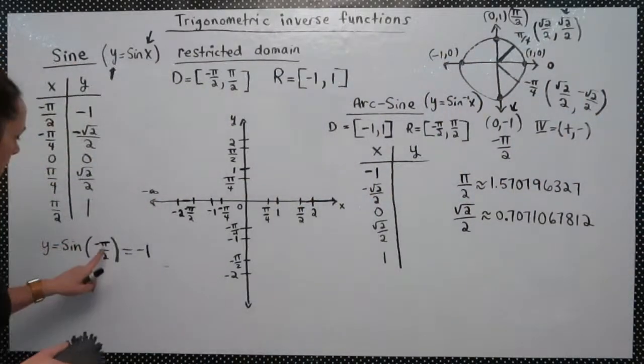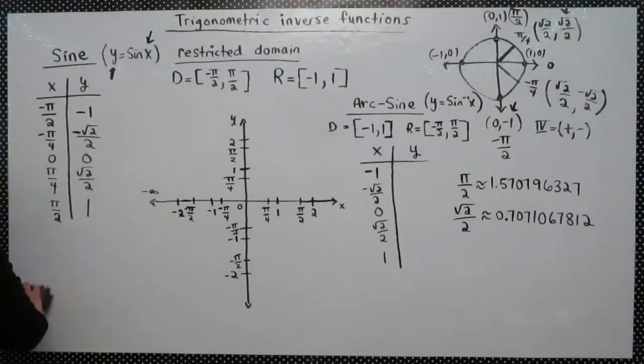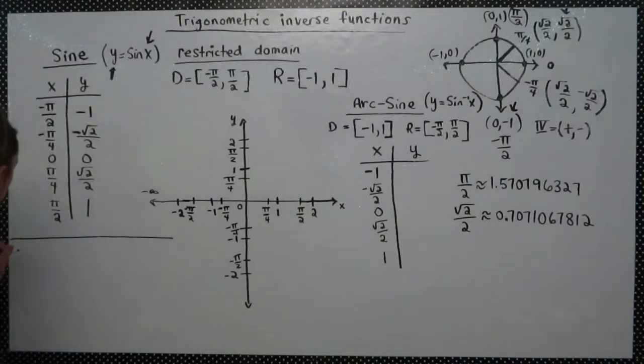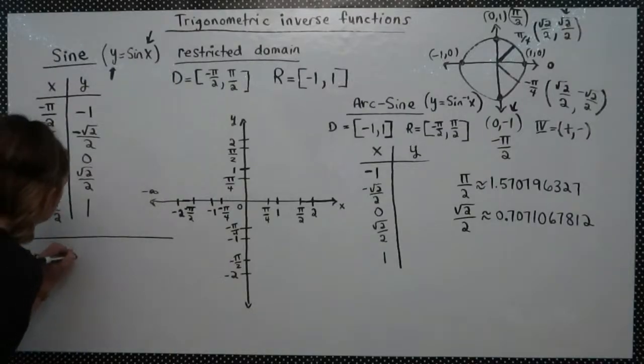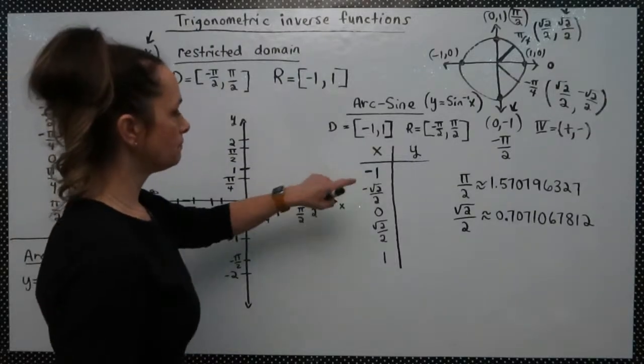You're plugging in an angle. Well, we'll start with the Arc-Sine. You've got y equals sine inverse, and then you open parentheses and plug into the domain. What you're doing is plugging in values.